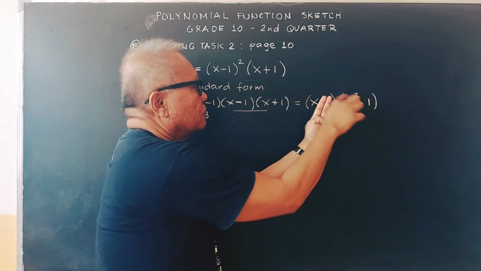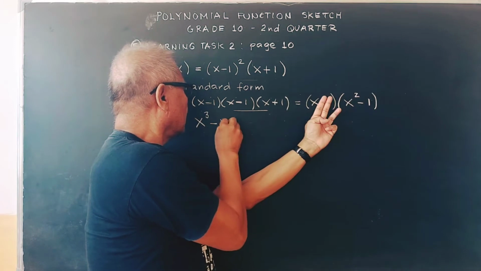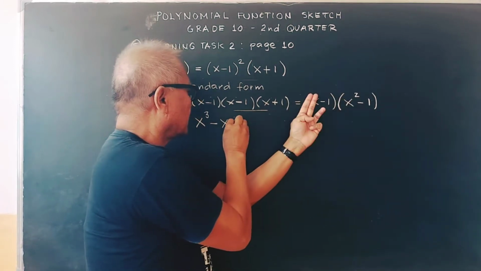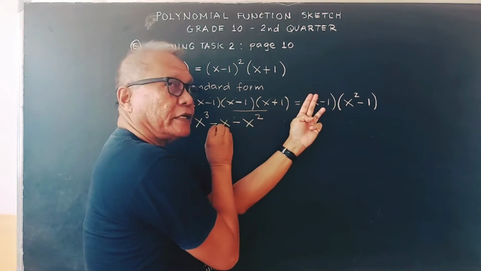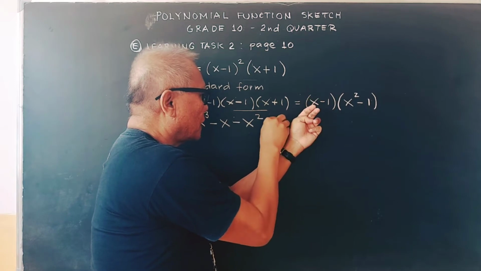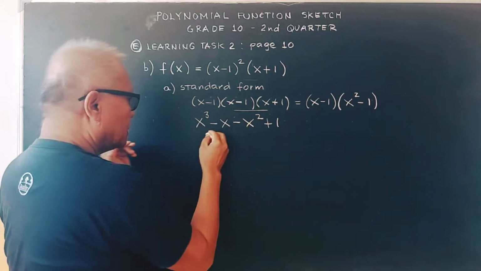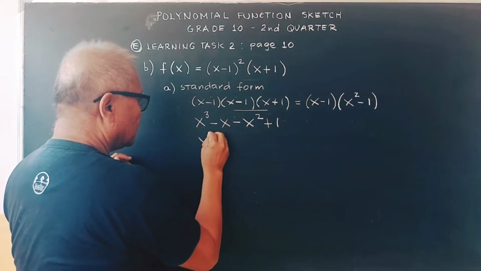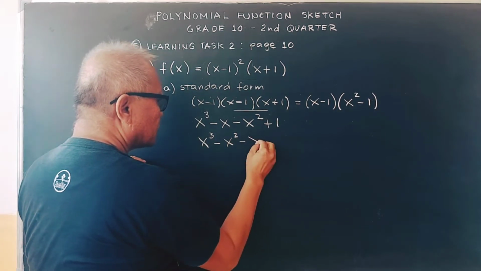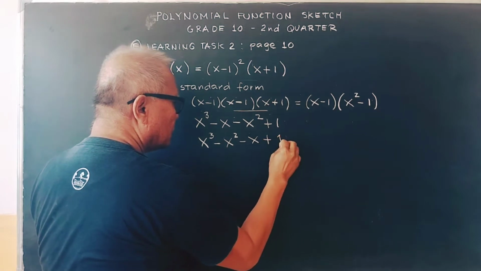And then negative 1 times x is negative x. And then negative 1 times this one is negative x squared. And negative times negative is positive 1. And then we arrange. So we have x cubed minus x squared minus x plus 1.